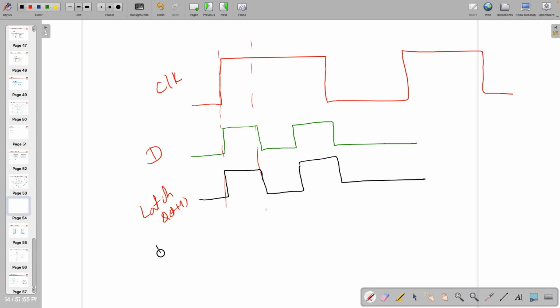But in the case of a flip flop, Q t plus 1 has to be this one only, and afterwards it becomes 0. Can you see at the transition?